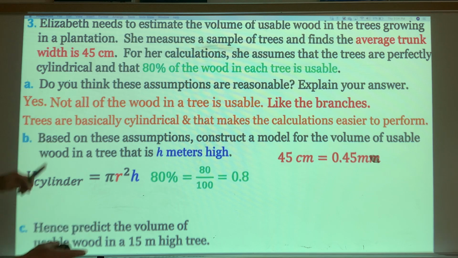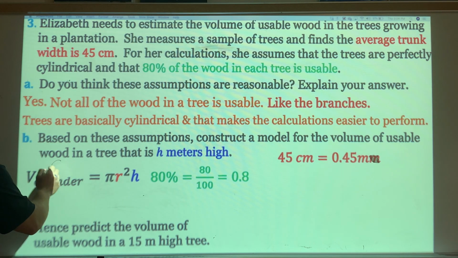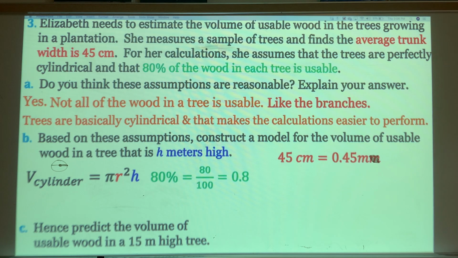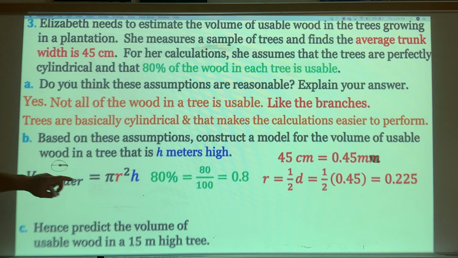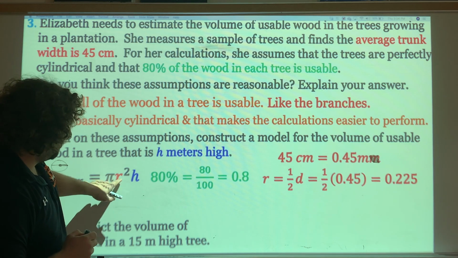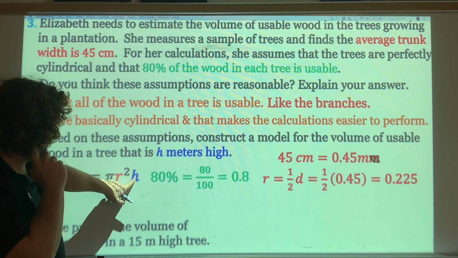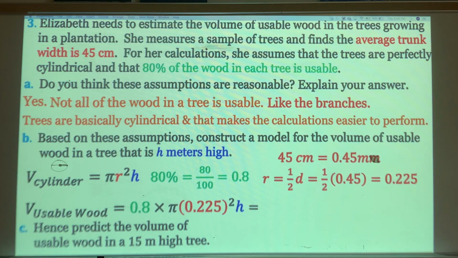Radius isn't that. This is the width. We only want the radius, which is half the width. So we take half of 0.45, which is 0.225 meters. All right. Now I can plug that in here. I don't know what my h is yet, but I do know my volume of usable wood.